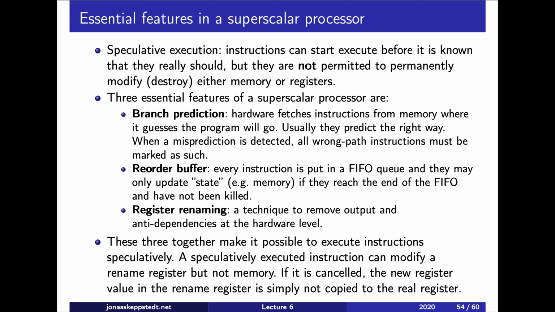And what it enables, well, not only that, the other two features here are required as well, is speculative execution. It's speculative in the sense that we don't know whether it should be executed. And in case we guess wrongly, we need some way to undo what we had.